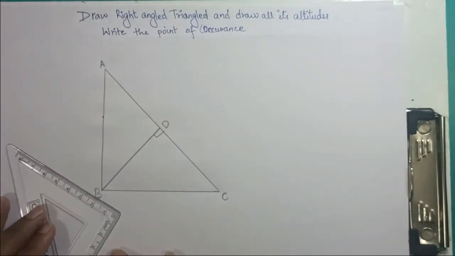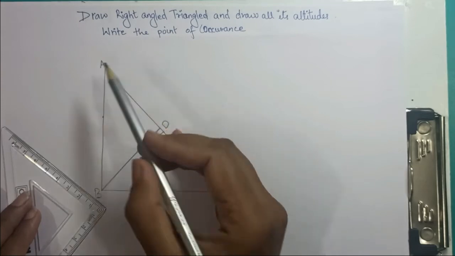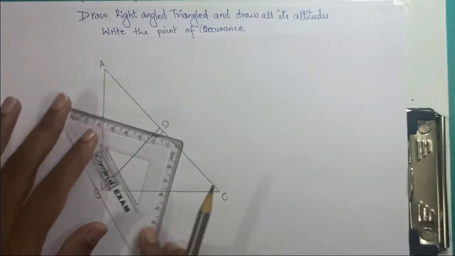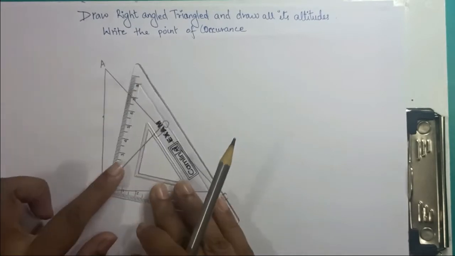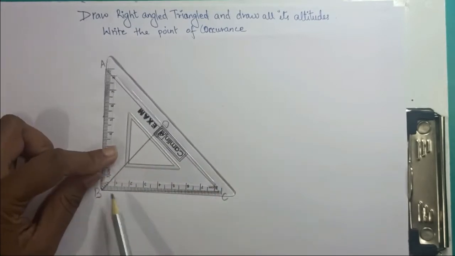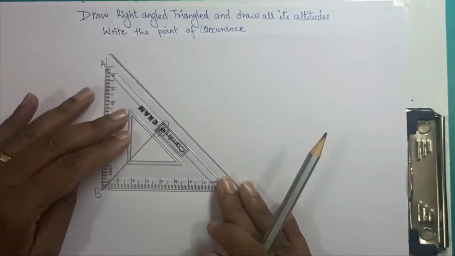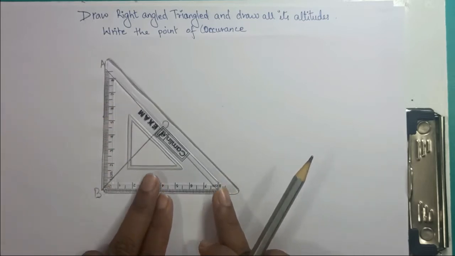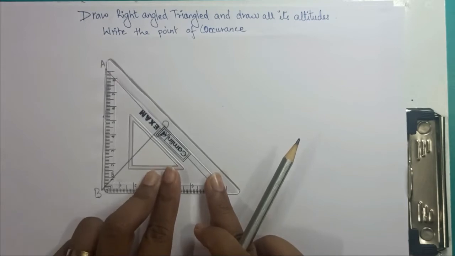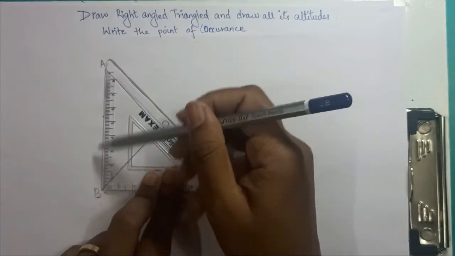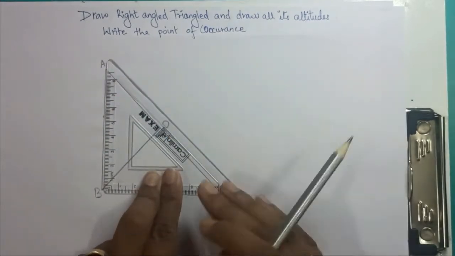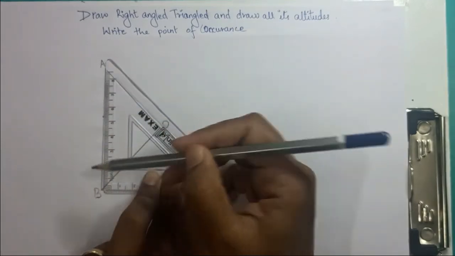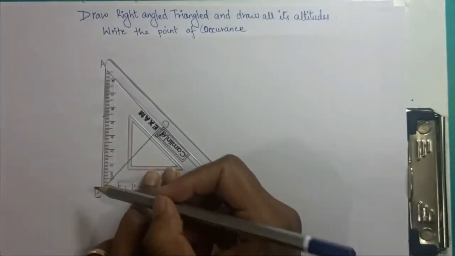Now I want to draw a perpendicular from the vertex A. So I will keep this side on the opposite side, that is BC. But children, if you observe carefully, AB is already perpendicular to BC, correct? AB is already a perpendicular drawn on BC.